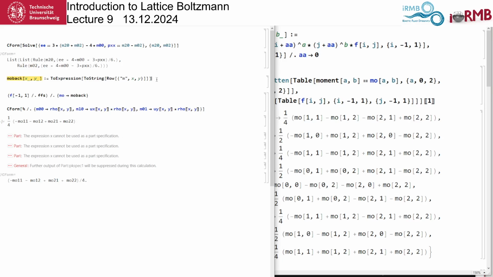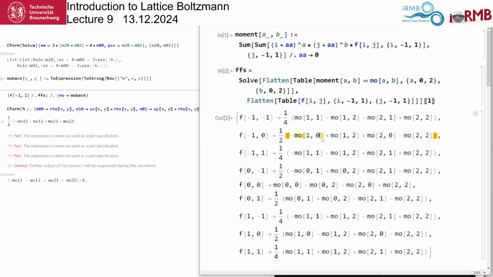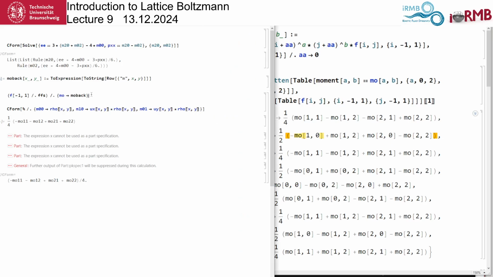I have this small function here written, and I have these things saved in FFS, and now I can just choose these guys. Okay, what do we want to start with? We'll usually start with 0, 0, 0.